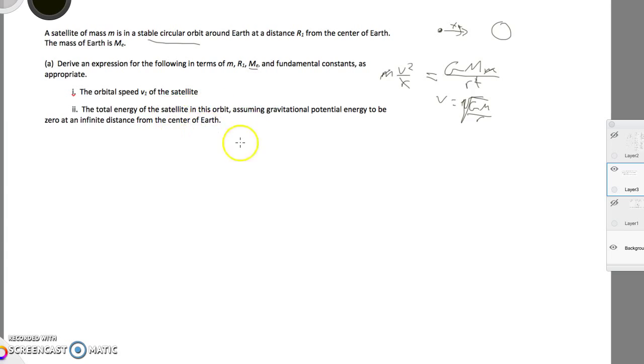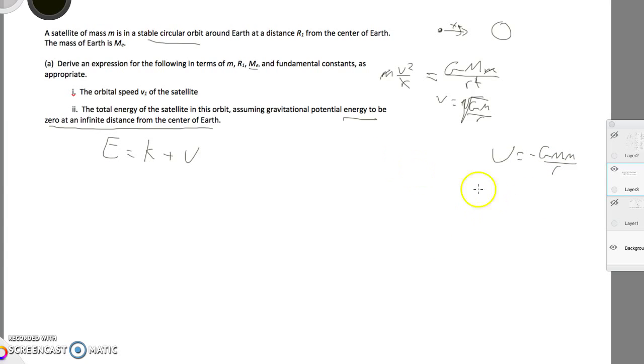Then it says, well, what's the total energy of the satellite? Assuming gravitational potential energy to be zero at infinite distance from the center of Earth. Okay, well, we know that the total energy is going to be equal to the kinetic energy plus the potential energy. Now, when it says gravitational potential energy to be zero at infinite distance from center of Earth, that's telling us that U is equal to negative GMm over r.